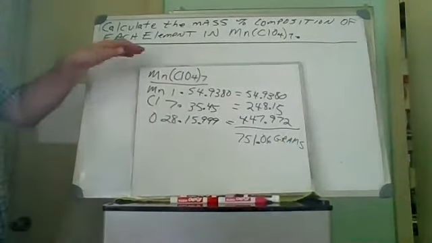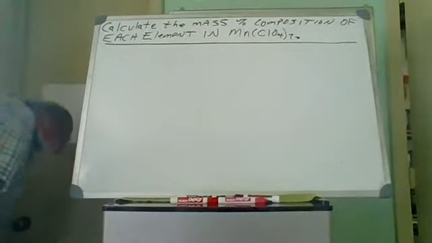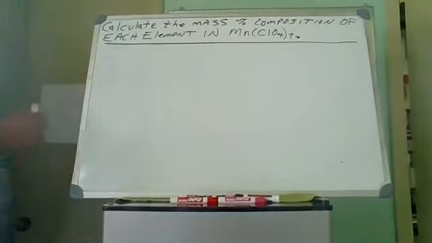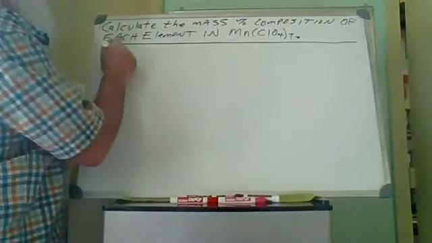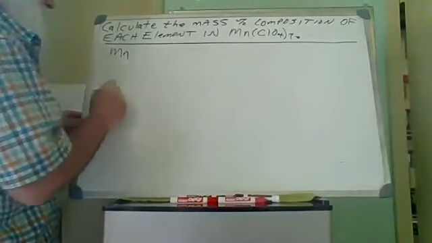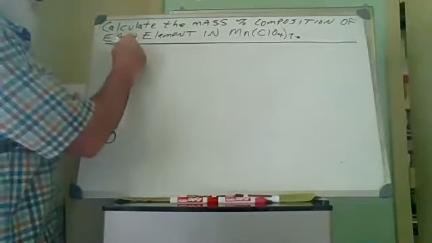Okay, now I'm going to move on. All right, so 751.06. I know I'm going to need that number, so it's in my memory on the calculator. So manganese, chlorine, and oxygen.